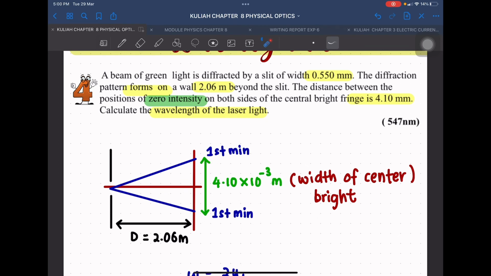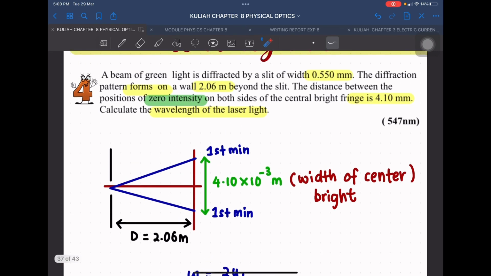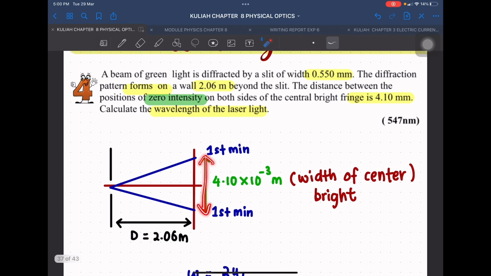Jadi awak kena faham lah. Okay, central bright tu duduk sini. Jadi jarak center bright fringes tu adalah 4.1 mm. Sebenarnya ni adalah width of the bright fringes lah. Sebenarnya lah. Yang tu kena faham sebab jarak antara first dengan first ni dia adalah width sebenarnya. Width of the central bright.